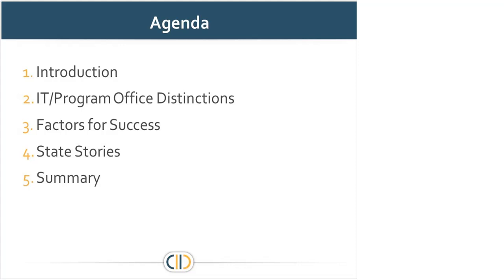We'll look at the distinctions between these two offices and what their roles are to help contribute to data integration and really any kind of project that involves program data. Then factors for consideration of success and things to consider that may hinder success as well. Then we'll hear from Washington and Colorado. They'll share their stories, and then we'll wrap things up.